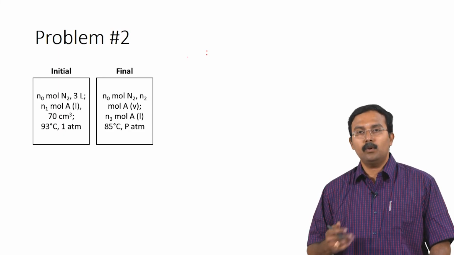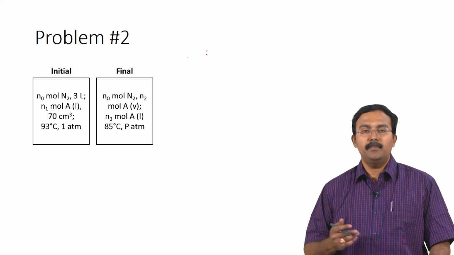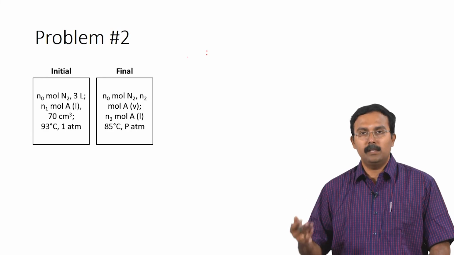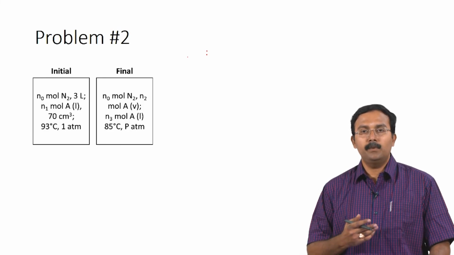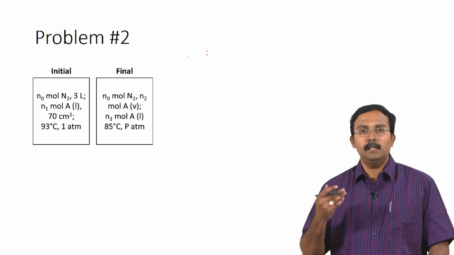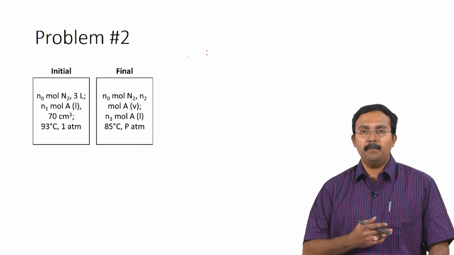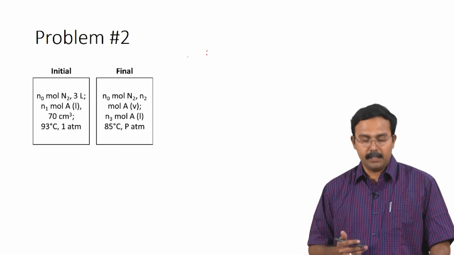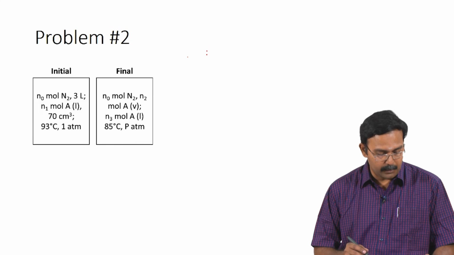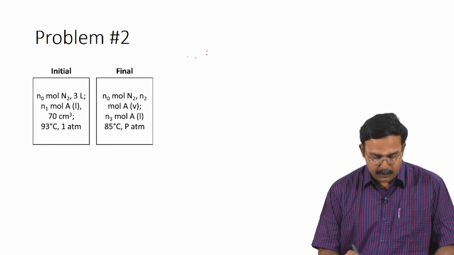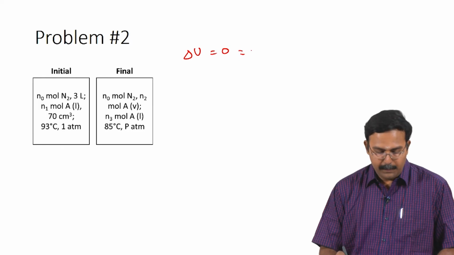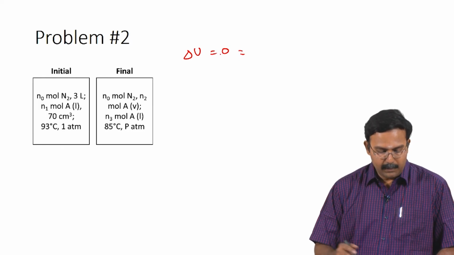These values can be plugged back into the specific internal energy table which we prepared, and we can calculate the total change in internal energy and fit it back into the general energy balance equation, which states delta U equals 0. So, using that we would have a correlation which would have one unknown, which would be the number of moles of vapor component of A in the final condition. So, N2 would be the only thing which we need to calculate. So, the equation is delta U equal to 0, which would be equal to final minus initial.